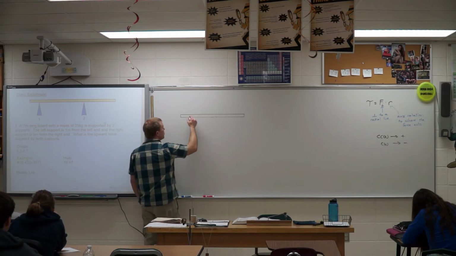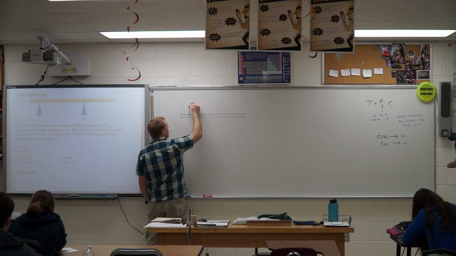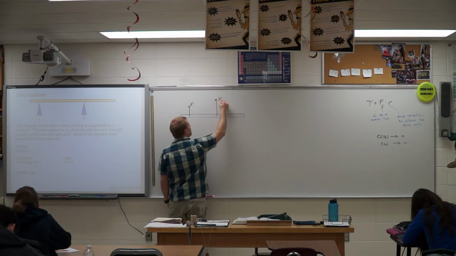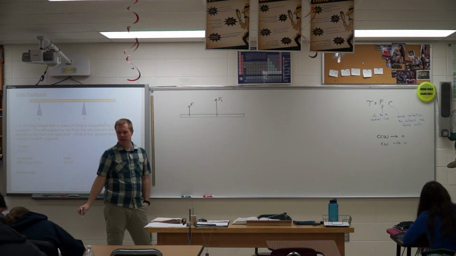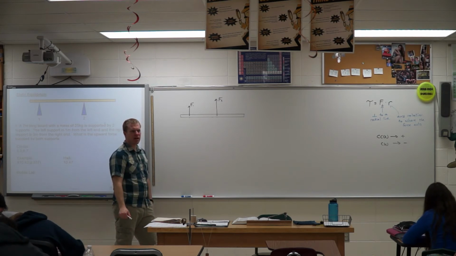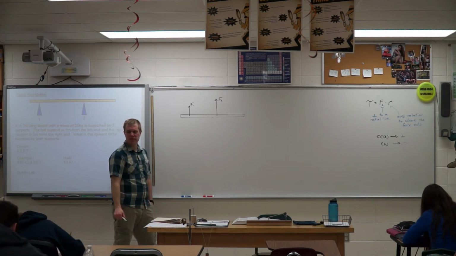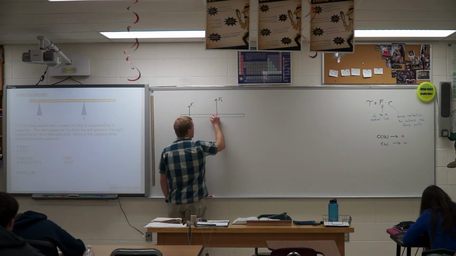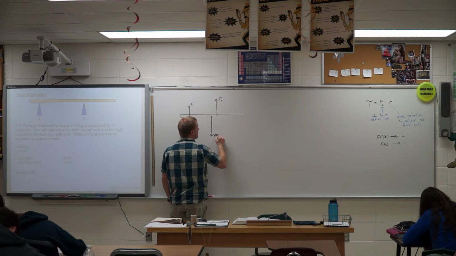So the board is being pushed up by one support, F1. It's being pushed up by another support, F2. And lastly, I have gravity, but where does gravity act? In the center, right? And it acts down. There's big old gravity.